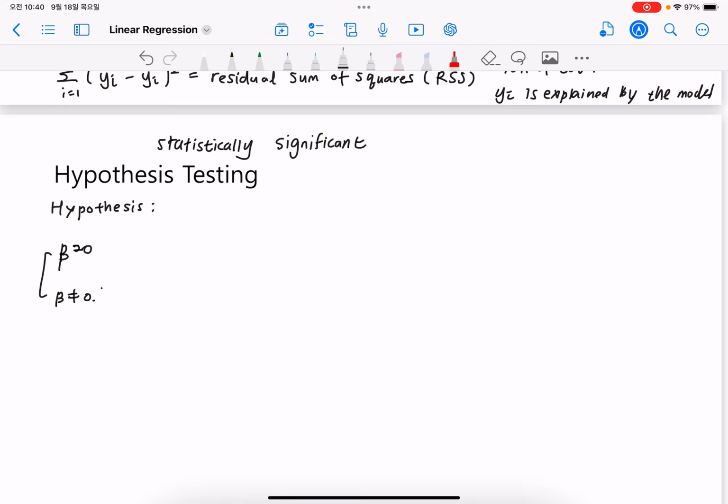So hypothesis is nothing more than a guess. It's a guess of anything that you want to predict, okay? So more in a statistical sense, it's a guess about the unknown beta.